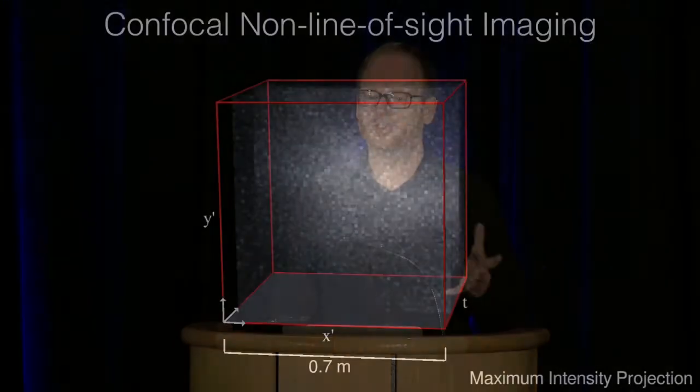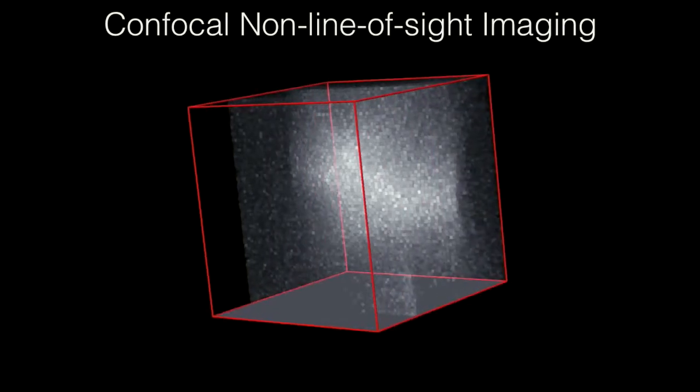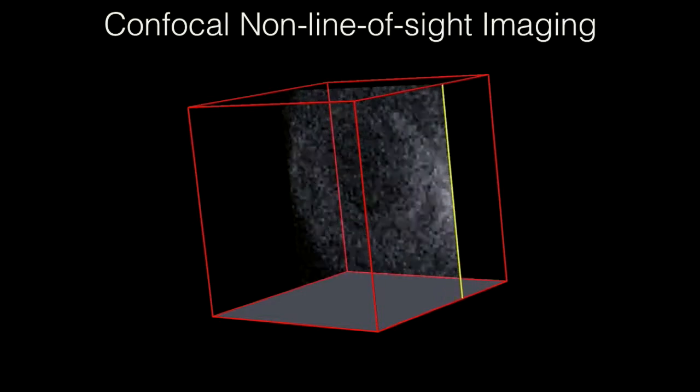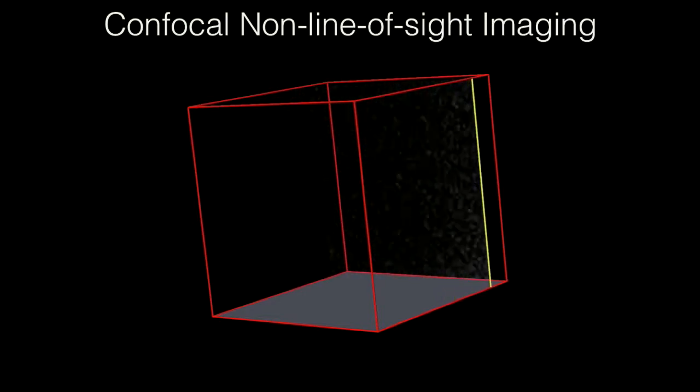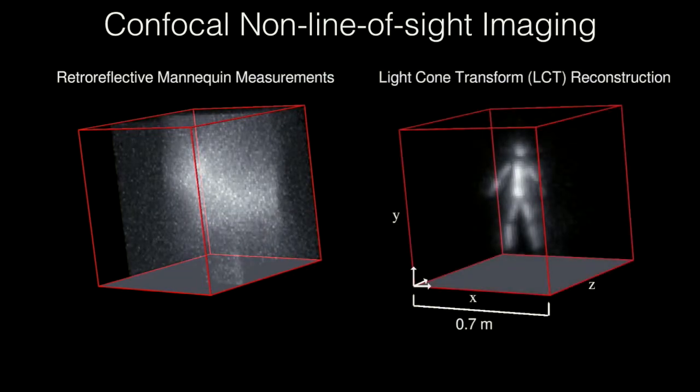So before I dive into the details, I'll show you an example of one of the scenes that we actually recorded with our system. So these will be the actual measurements. These are photon counts, the transient image of the wall, which include only these indirect reflections. What you can see is this wave-like pattern. This is actually a propagation kernel of light in free space for individual points.